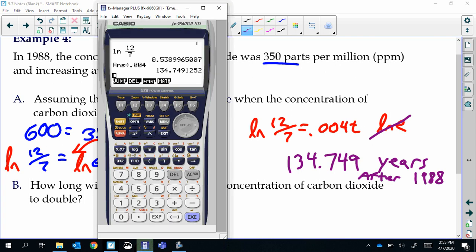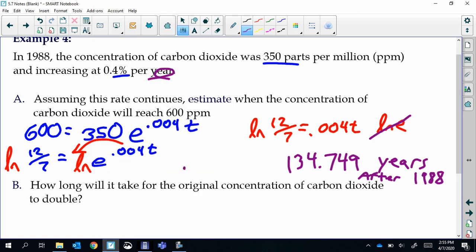So all we need to do is just add 1988 onto that. So the year 2122. That would be the year, according to this, that it would reach 600 parts per million.